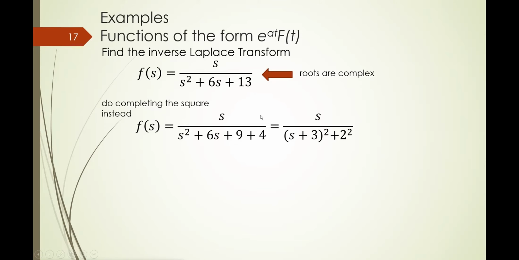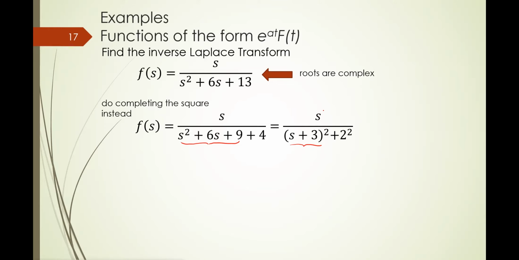Since it's plus 13, it becomes plus 13 minus 9. So we just write plus 4. So combining the first 3 terms in here, that becomes s plus 3 quantity squared. And then the 4 is simply 2 squared.